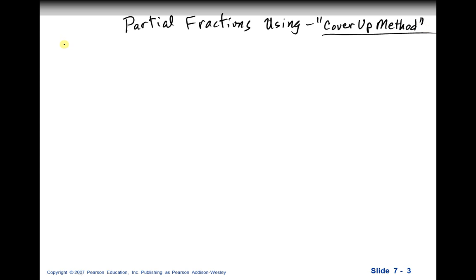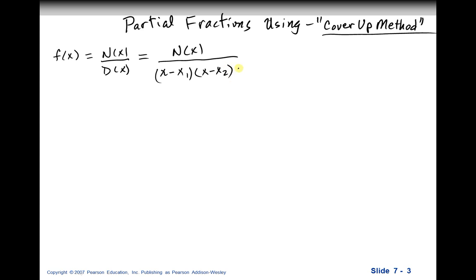Anyway, let's say you can take a function of x equal a numerator divided by the denominator, and suppose you can write that as a numerator divided by the factors of the denominator, x minus x1, x minus x2, all the way down to x minus x sub n, if you had n factors.